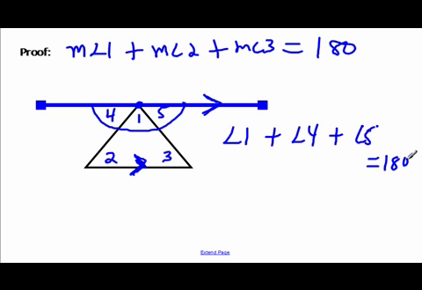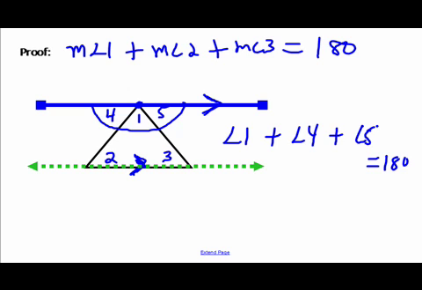What do I know about 4 and 2? Let me make it stand out a little bit easier for you. Do you remember this picture from the last page? What do I know about 4 and 2? They're congruent because they are alternate interior angles. Same thing with 3 and 5, alternate interior angles. So let's do a substitution.